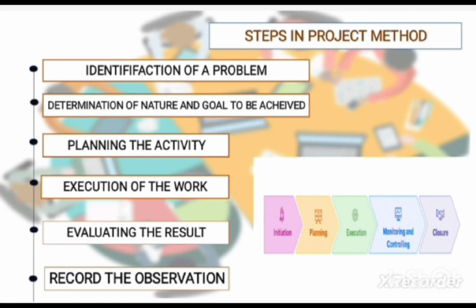The third one is planning the activity. In this step, a good plan is required for the success of a project. The students can do the planning under the guidance of a teacher. Each and every member of the group should be encouraged to actively participate in the discussion about the planning by the teacher.